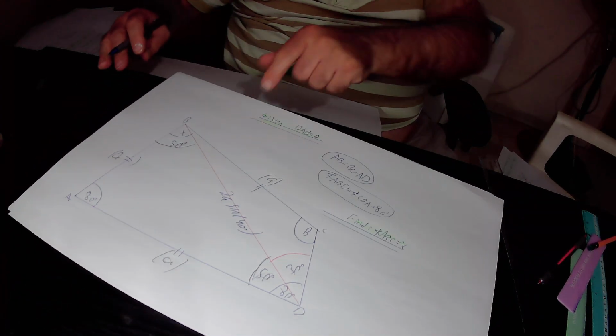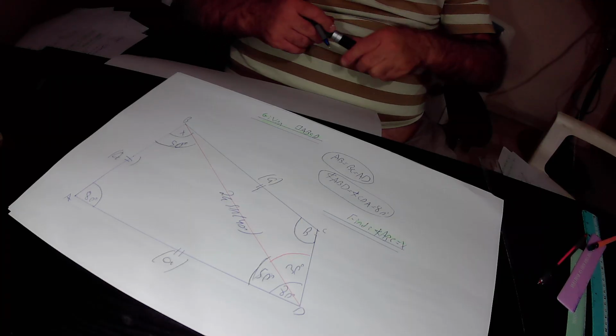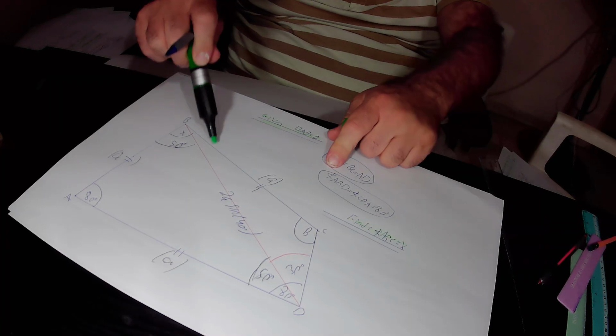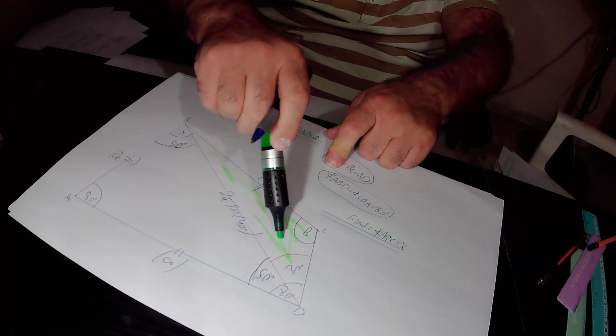In the next step, we will implement the law of sines in this green triangle BCD.